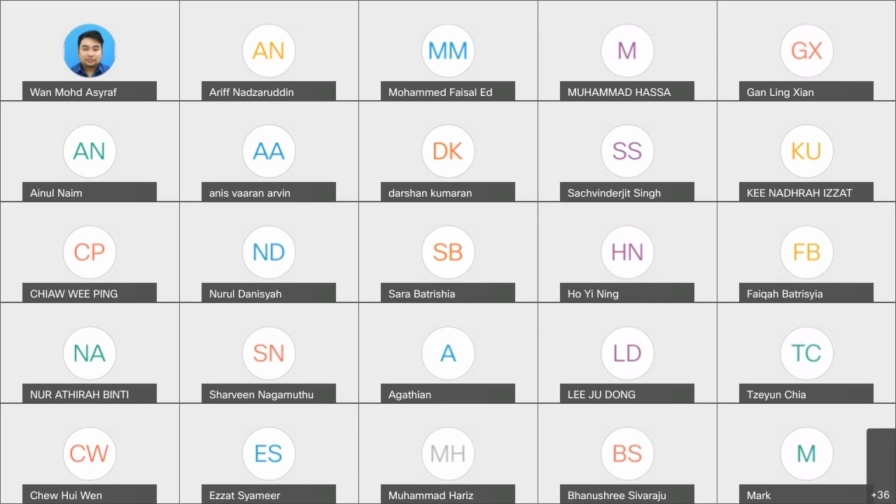Right after this, just post inside the WhatsApp group so that everyone can know which week you have decided to submit assignment 1 and assignment 2. Okay, so that's the first thing.